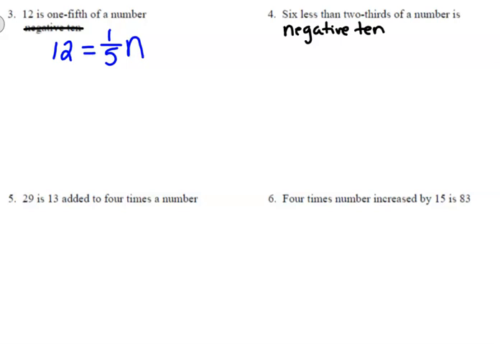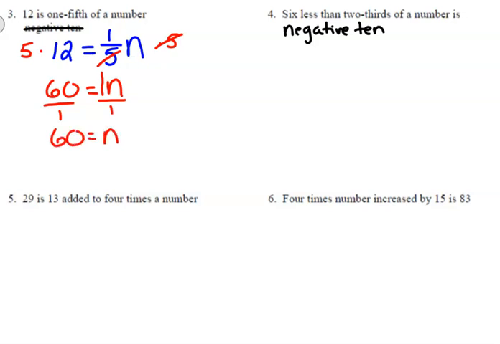Well, if I have a fraction, the way I remove a fraction is through multiplication. So I can multiply both sides here by 5, and 60 will equal n, because the 5 will remove the bottom of my fraction. Can I think of this as having a 1n, and then technically I'm dividing by 1? Absolutely. Do I need that? No. So whether you get there in 1 step or 2 steps, we still get 60 for n.